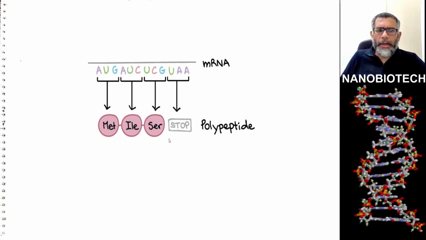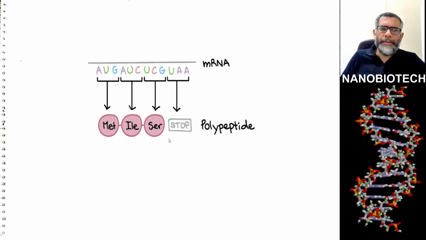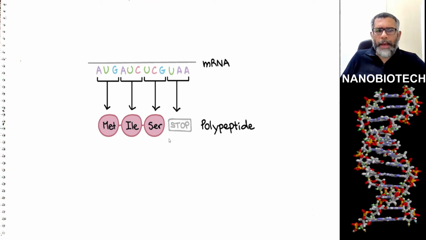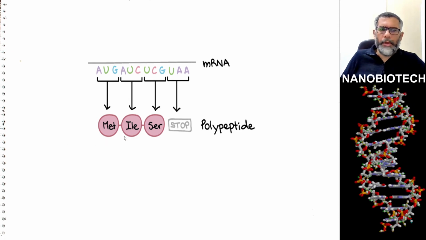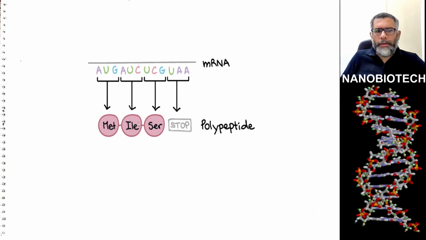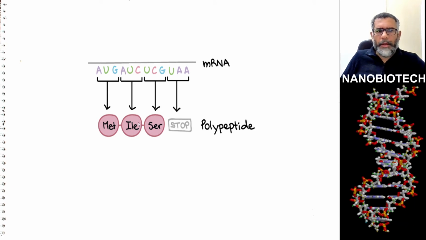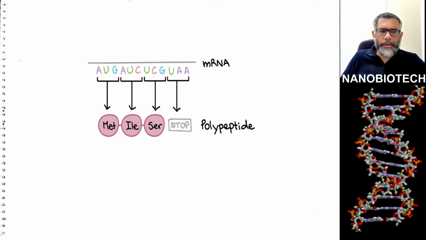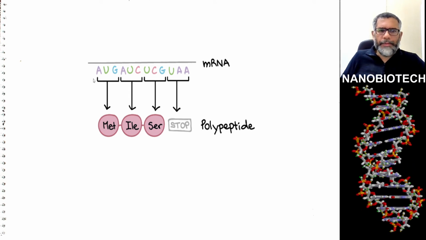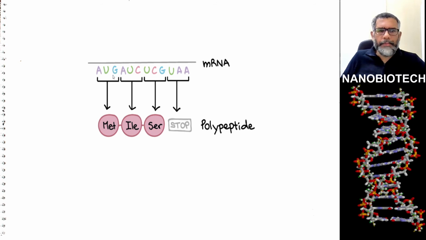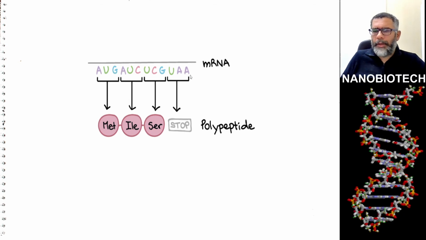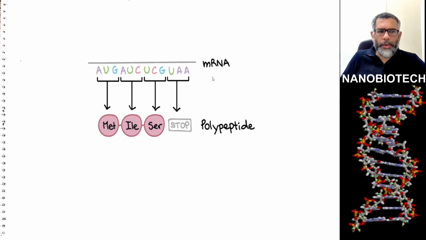During translation, the nucleotide sequence of an mRNA is translated into the amino acid sequence of a polypeptide. Specifically, the nucleotides of the mRNA are read in triplets, groups of three bases. They're called codons.